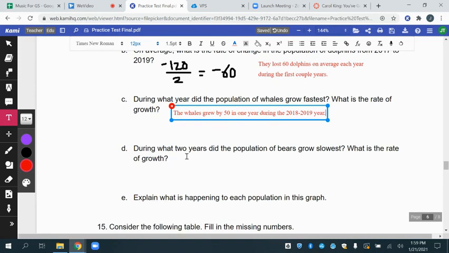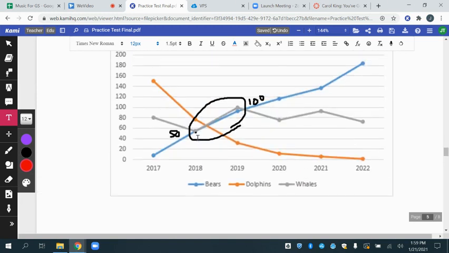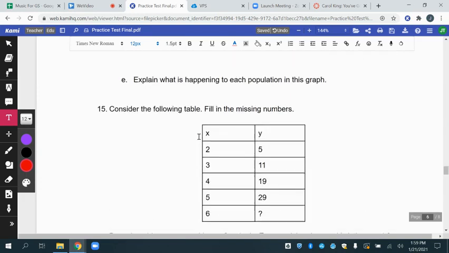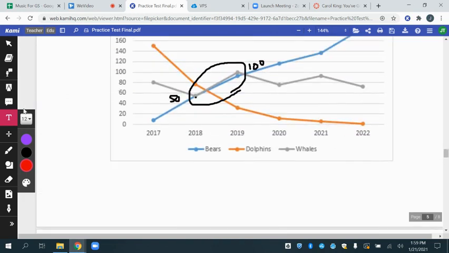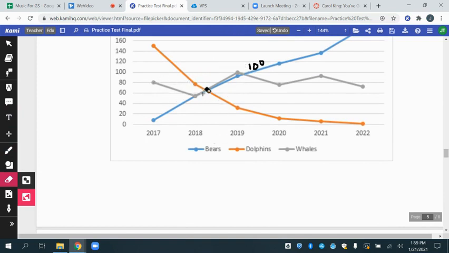Okay, during the next 2 years did the population of bears grow slowest? What is the rate of growth? Okay, now we're going to talk about bears. Where did they grow the slowest? Well, what I'm going to look for is a place where the line for bears is not very steep.